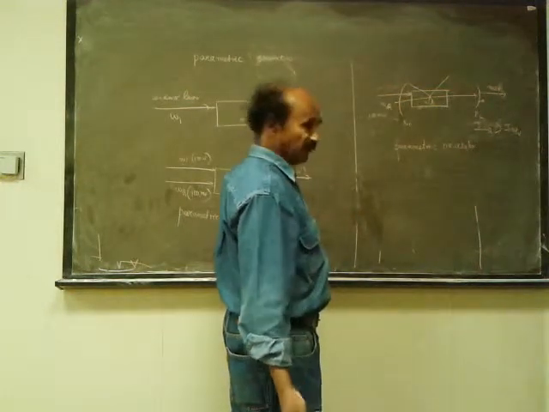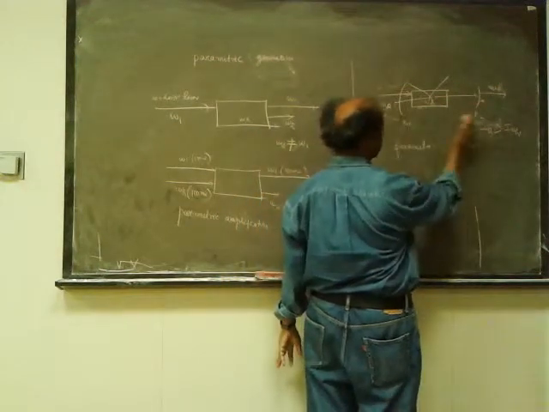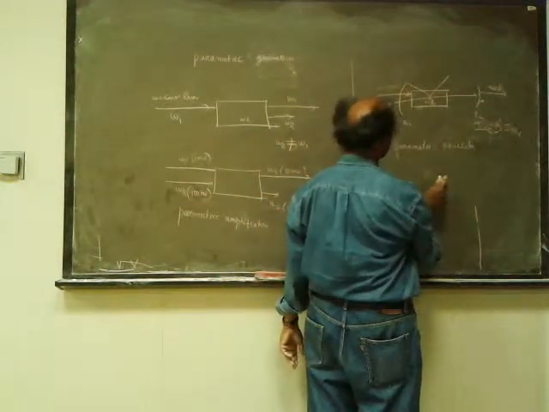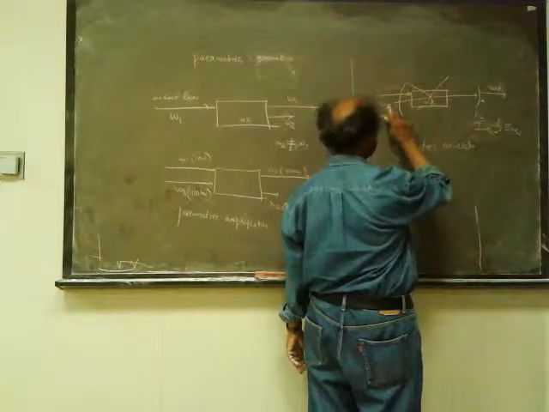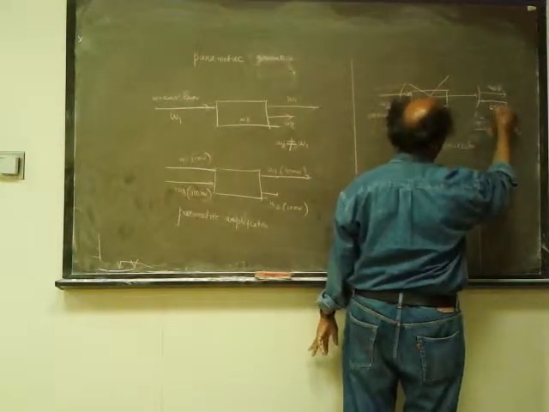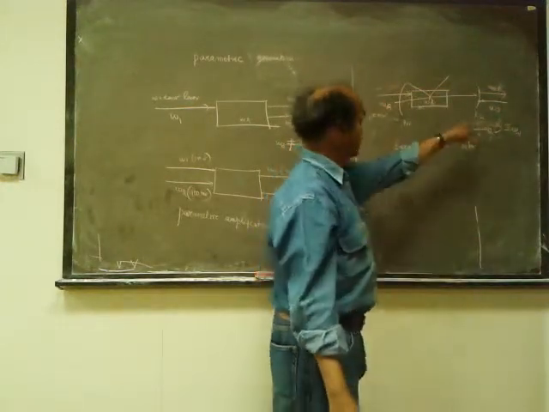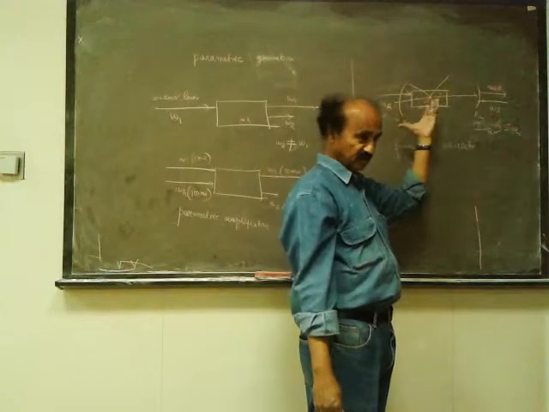I can do one more thing. I can adjust the reflectivity of the mirror such that it becomes an oscillator for omega 1 and omega 2, both. That means the energy from this is not much lost.